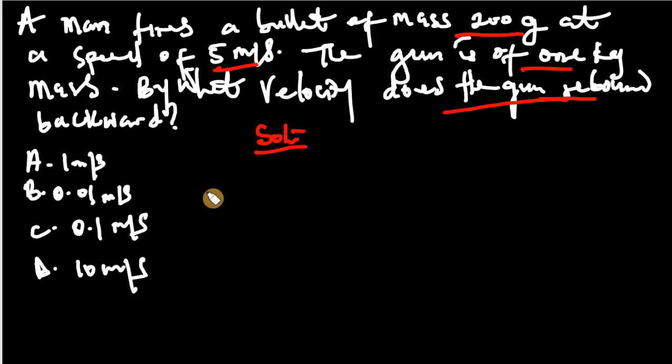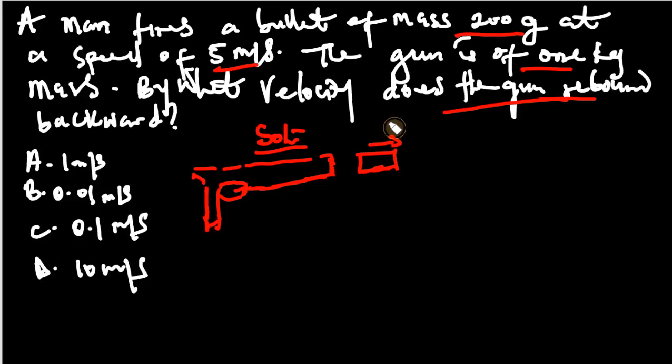So we draw the gun. This is the gun. Of course, we know that the initial velocity of the gun and the bullet will be 0, so we'll be making use of the equation we have just derived. As you fire the gun, this is the bullet. The velocity of the bullet is in this direction, vb, and the gun rebounds.